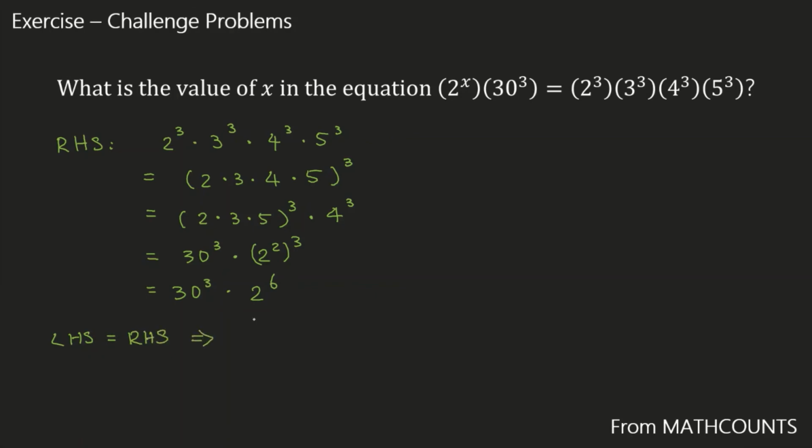The equation becomes 2 to the x times 30 raised to the power of 3 is equal to 2 to the 6 times 30 raised to the power of 3. Here you can see, to make these two the same, x must equal 6. And this is our final answer.